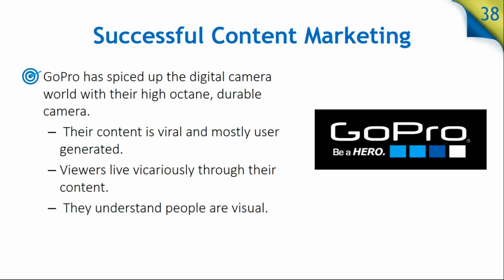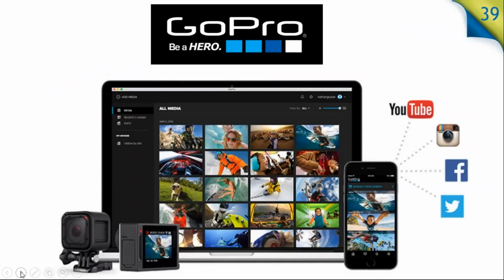One, because it's free to you and it uses less of your resources, and it engages your audience a lot more. GoPro's doing a really great job with that, but their product also speaks to being really great for that. So here's some of what they're doing, and it's all user generated.